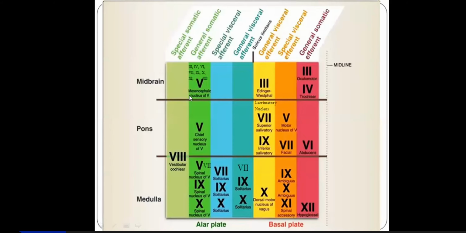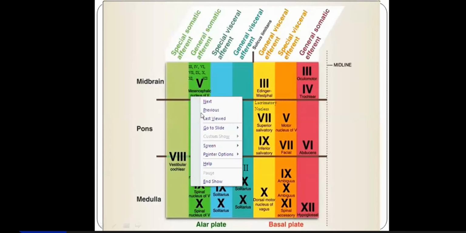So facial nerve, by the way, let me ask you, which functional column is missing in the afferent group? That is special somatic afferent, which is an exclusive functional column in the alar lamina, the lateral most functional column, remember?